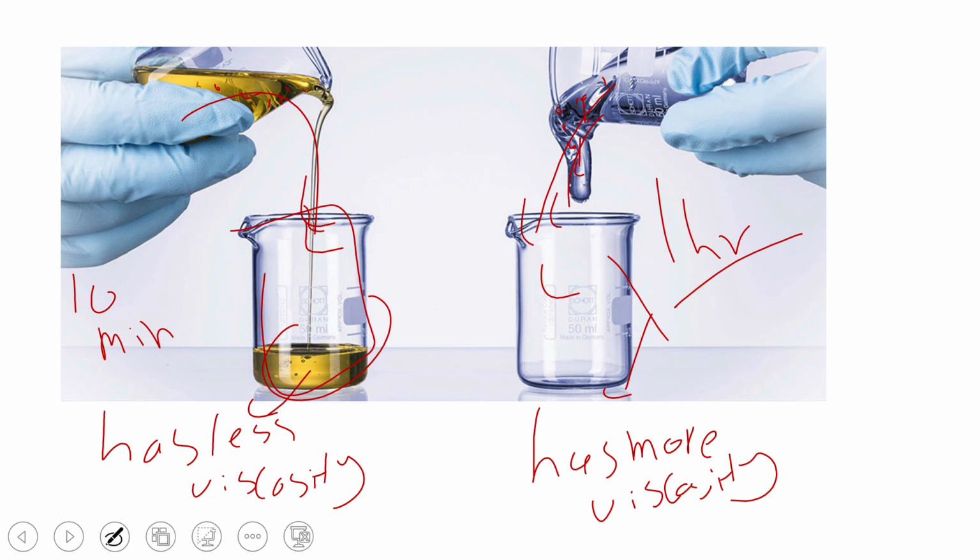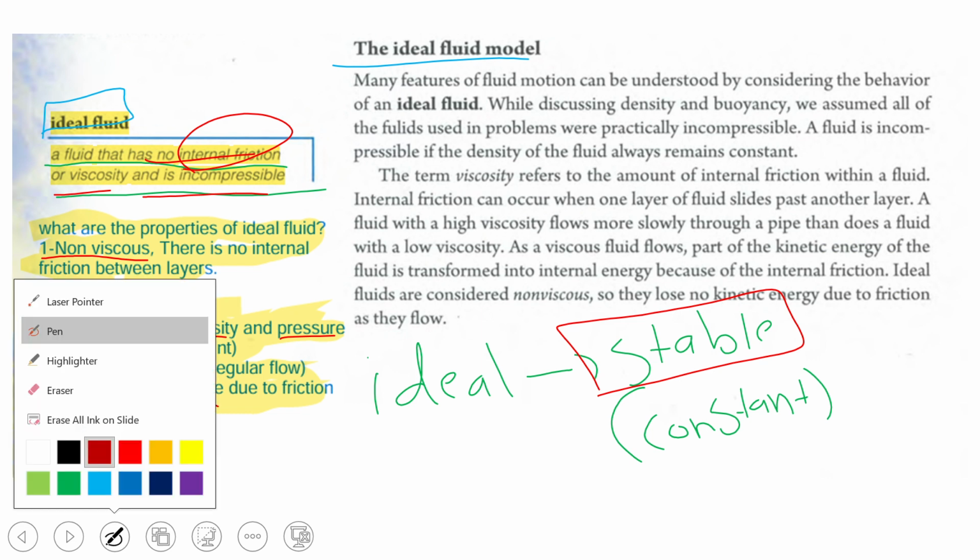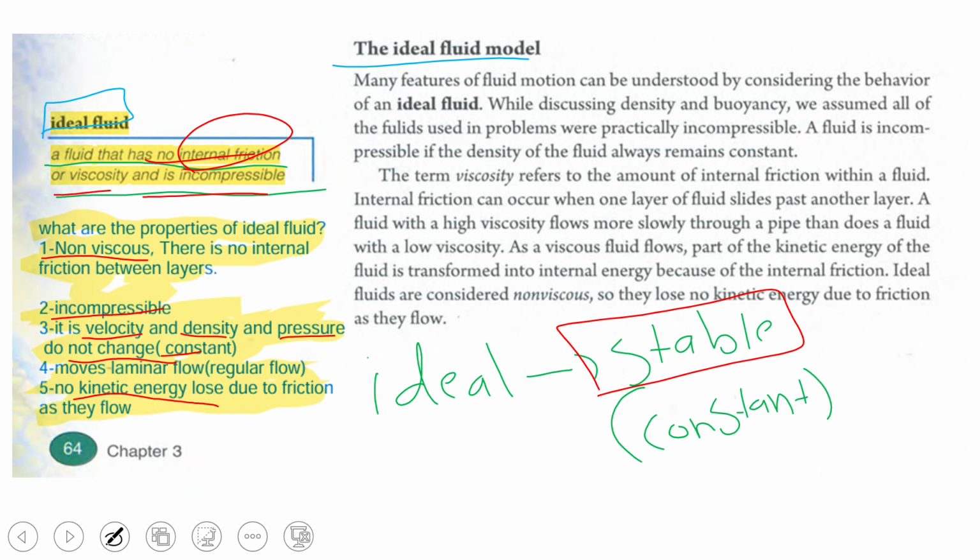If they have more internal friction, the liquid needs more time to come out. So here, I just would like you to understand the meaning of viscosity. So non-viscous means there is no internal friction between the layers. So in an ideal fluid, there is no viscosity. Incompressible, and even the velocity, density, pressure, all is constant.